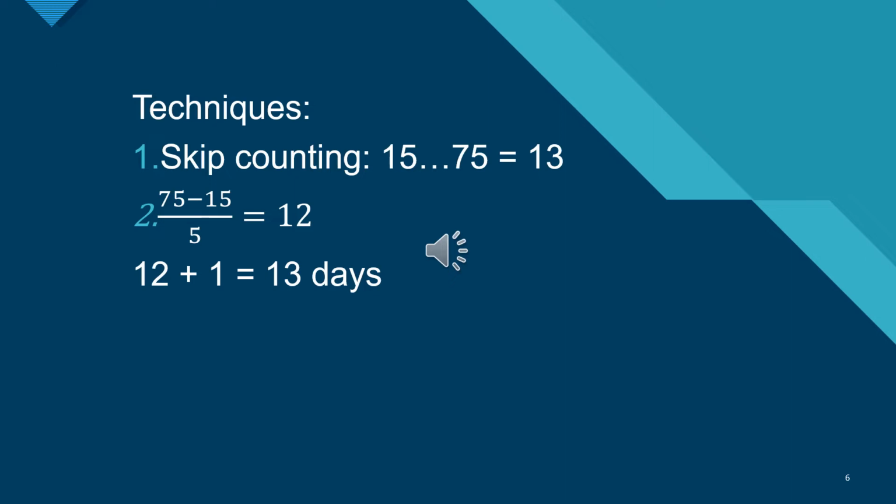He started with 15, so 75 minus 15, and that should give us 60. Divided by the number of push-ups that he adds every day, or the increment. So that's divided by 5. 60 divided by 5 is 12. But that should not be the last part of that. We should add 1 because we need to include day 1. So 12 plus 1 gives us 13. That should be 13 days.